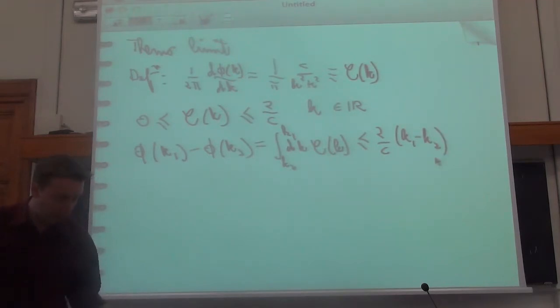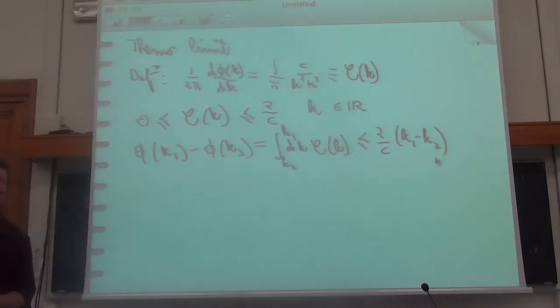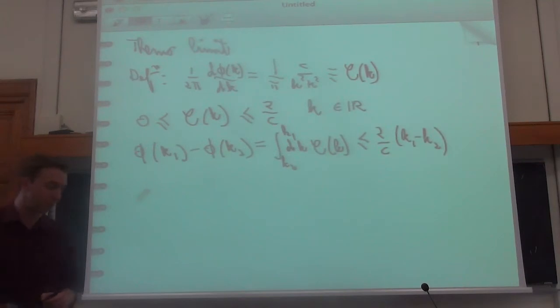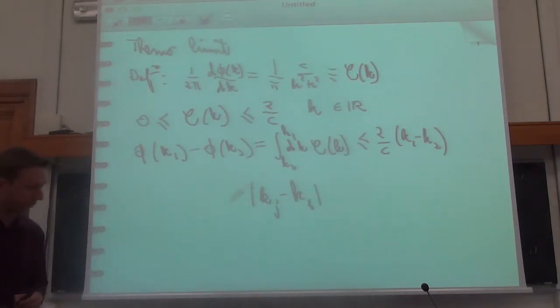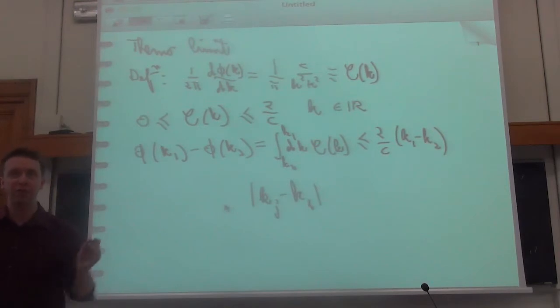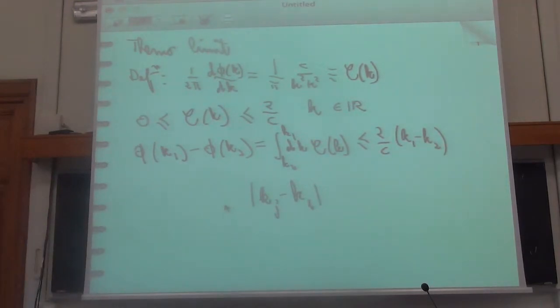Okay, so why are we doing that? Simply because if we substitute this in the Bethe equations, we can obtain a bound for the differences of rapidity. Let's consider the absolute value of some kj minus kl. Because of the Bethe equations, you remember there was just the k plus the summation of the phases. The whole left-hand side of the Bethe equations was a monotonically increasing function of k.